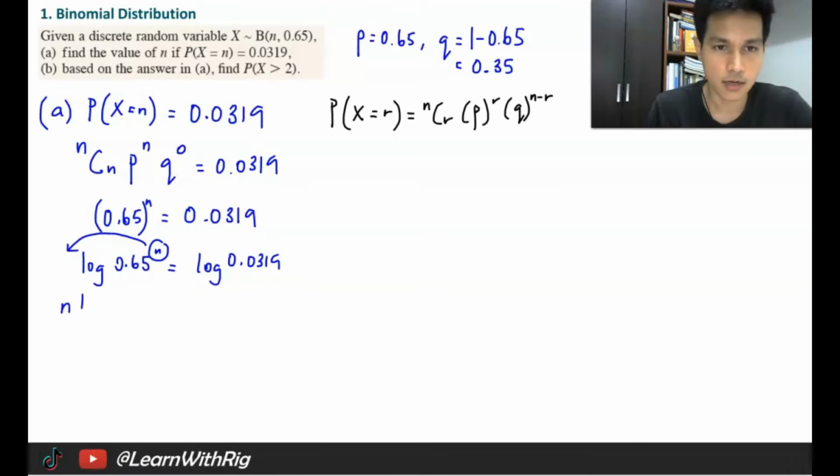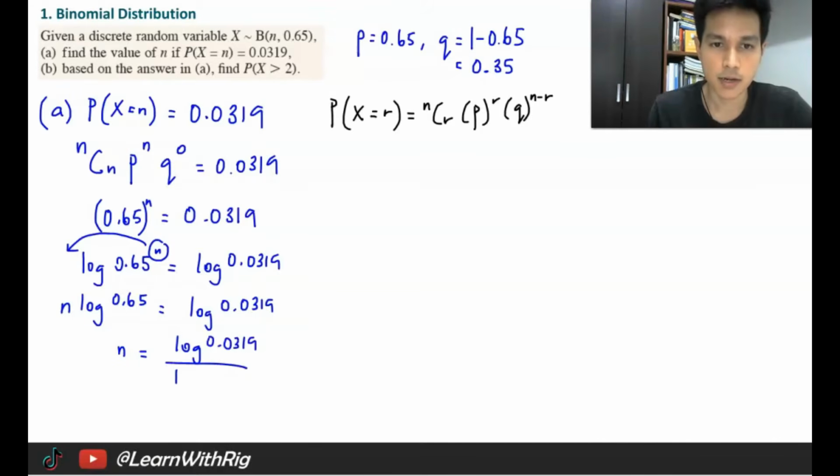So you get n log 0.65 equals log 0.0319. If you want to find your n value, you just take log 0.0319 divided by log 0.65. Key this into your calculator, you will get 7.9974, which is approximately equal to 8. So n is equal to 8.